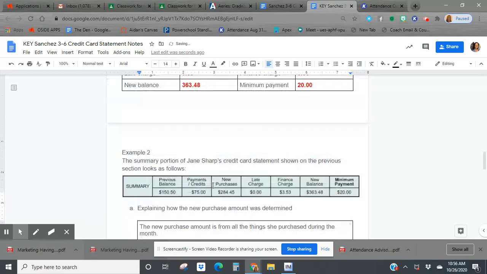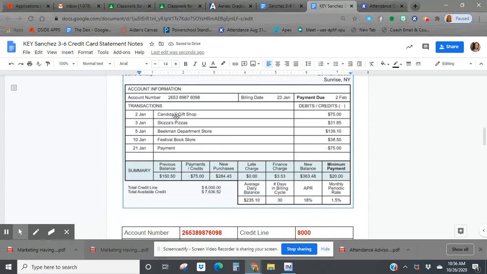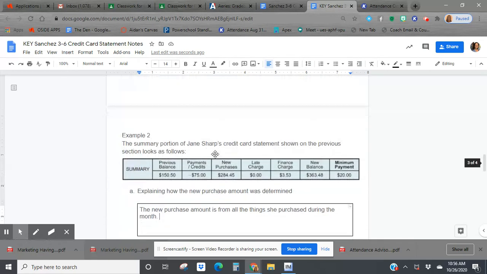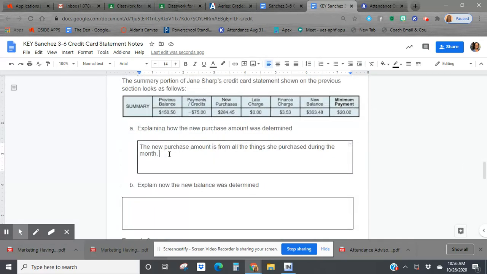So if I scroll back up, this gift shop, this pizza place, this department store, this festival bookstore. These are all the things that she purchased. And if you add up all of those, you get that total of $284.45.